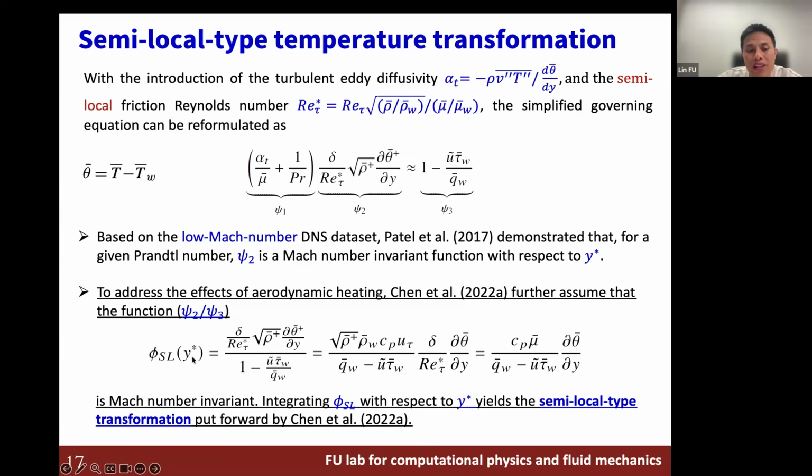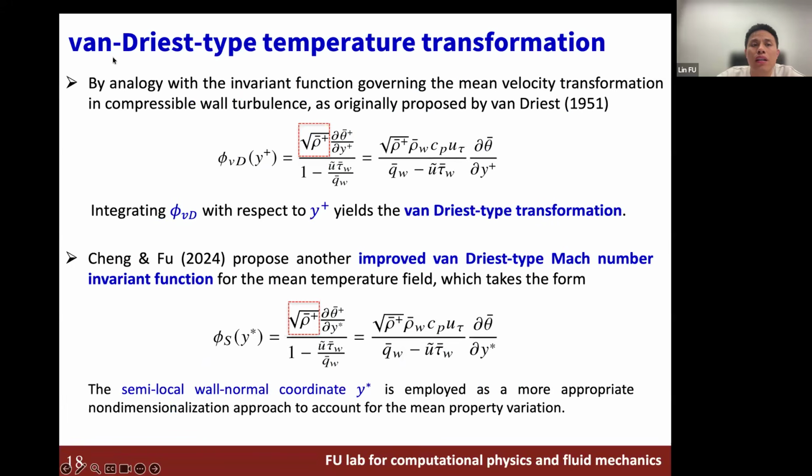Later on, we call it the semi-local scaling. They get this scaling, and this function phi SL is a Mach invariant function with regard to y star, so it's a semi-local coordinate. We call it a semi-local type transformation, which works reasonably well for channel flow, but not for boundary layer.